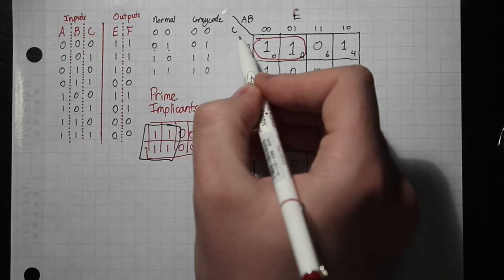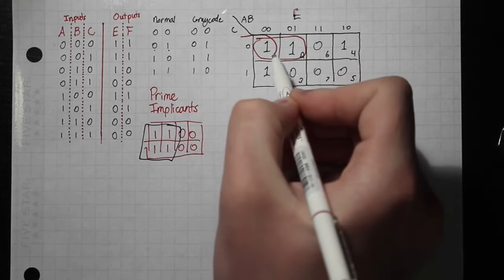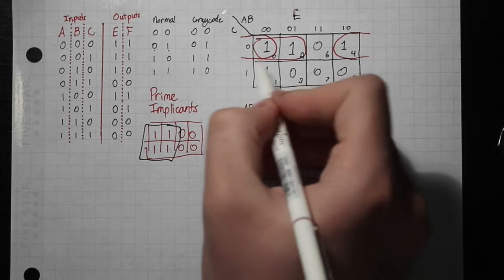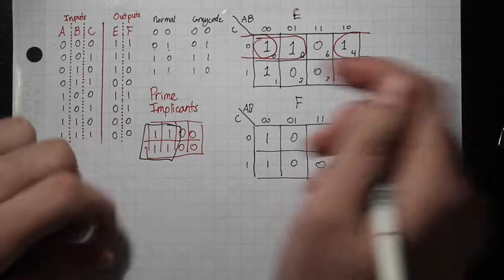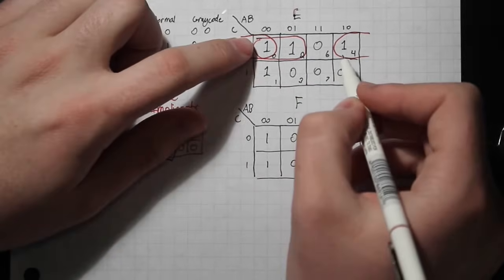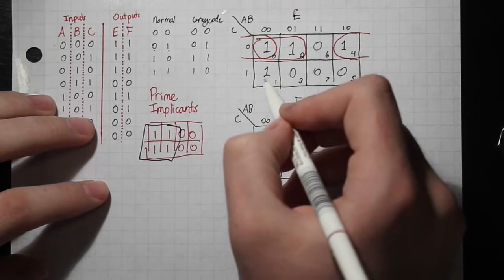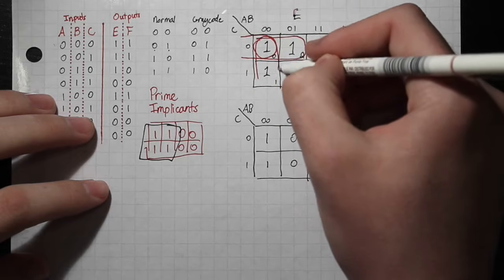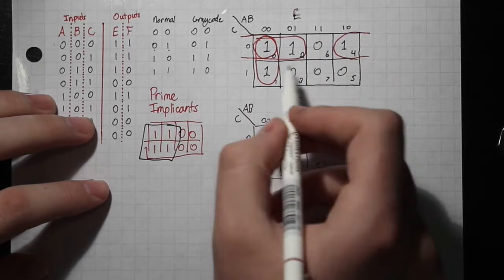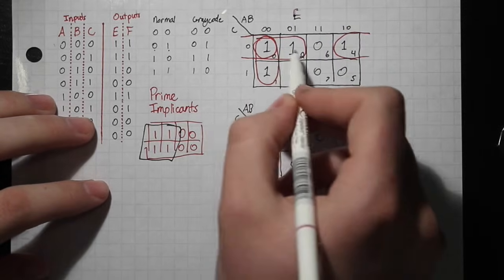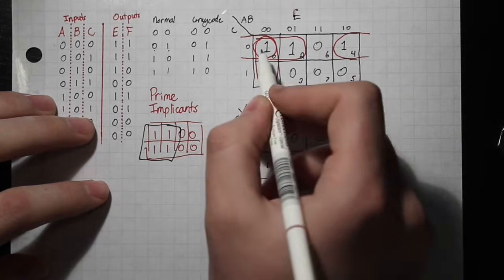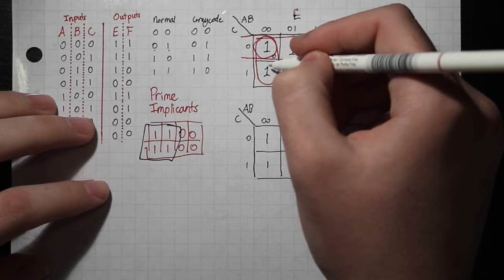The way that we usually denote that is we group them like this, and it's generally understood that this outward-facing grouping means that these two are grouped together. And we have this one straggler left, so I'm going to circle that one. I wish I had 3 different colors, but you can see we have this grouping of 2 1s right here, and this grouping of 2 1s, and this grouping of 2 1s.